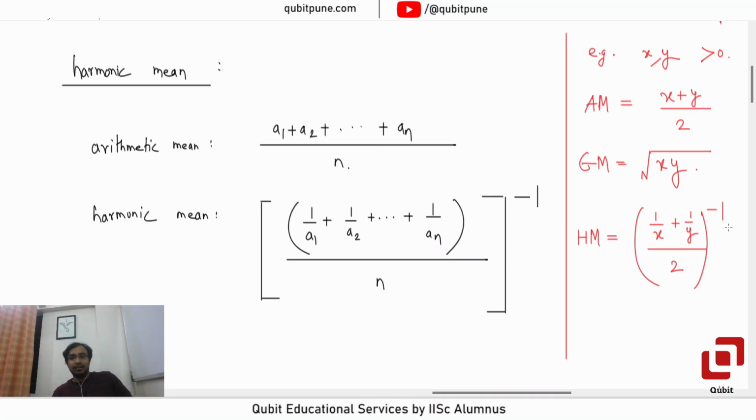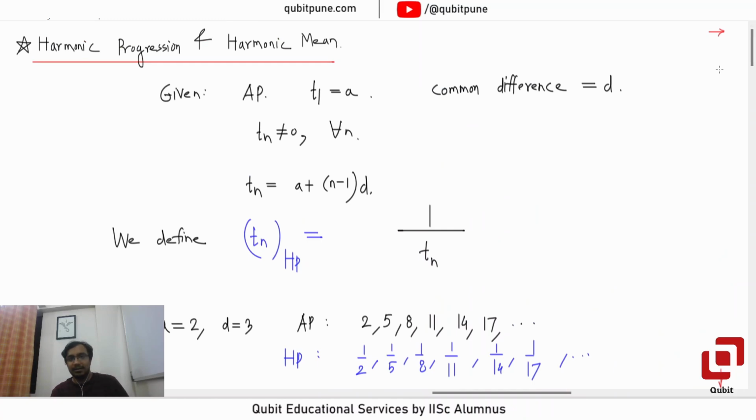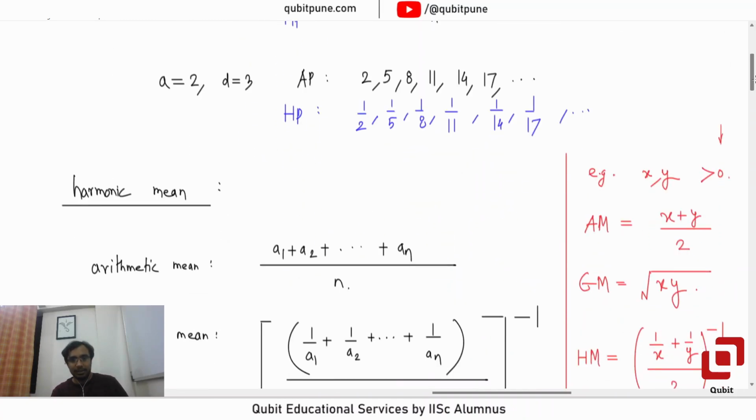Is that clear? Yes, sir. Very good. These terms need not be in AP to define their arithmetic mean. Similarly, the terms need not be in HP to define the harmonic mean. That is the harmonic mean and harmonic progression.